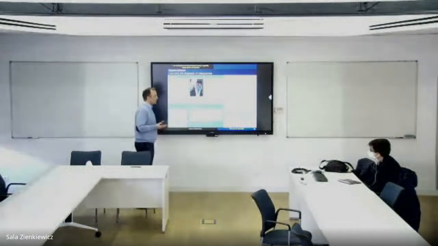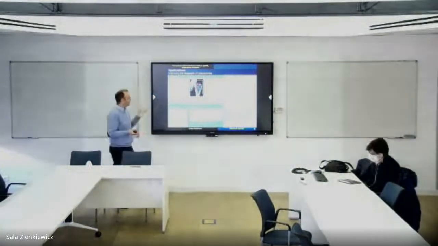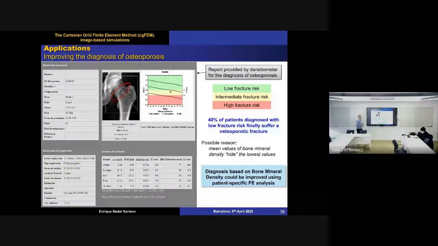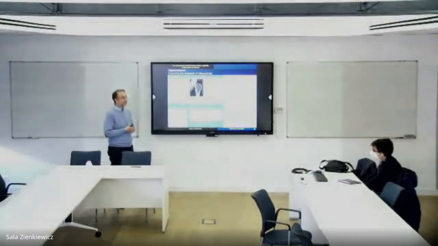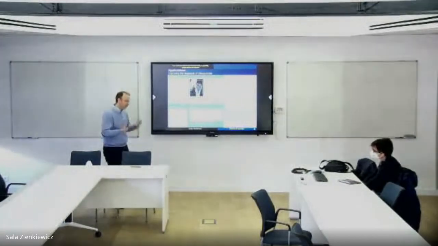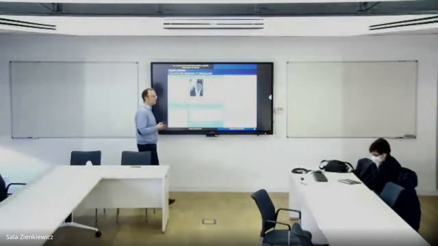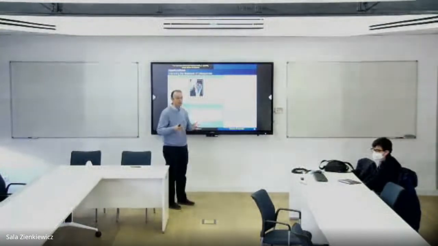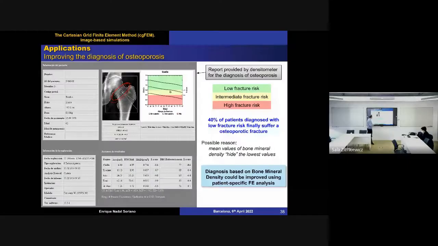So what's happening here? We have 40% of patients that we can perhaps say something more about. One of the ideas is that the bone mineral density is a mean value in an area, but it doesn't take into account the geometry of the bone or possible local defects.